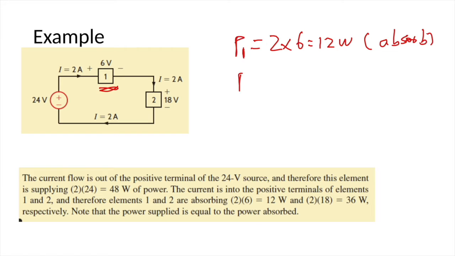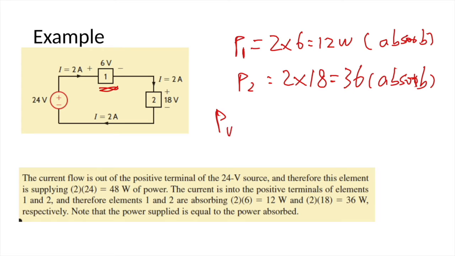For P2, it also satisfies the passive sign convention. 2 times 18 equals 36 watts. It is also absorbed. And for the voltage source, we can see that it satisfies the active sign convention.